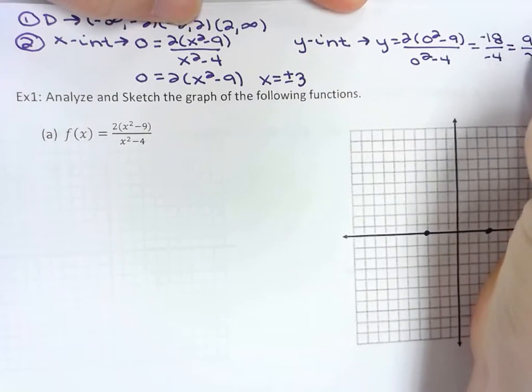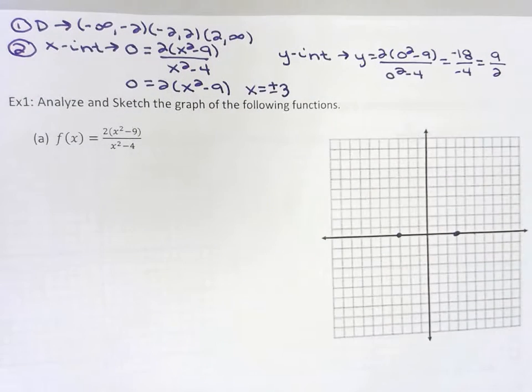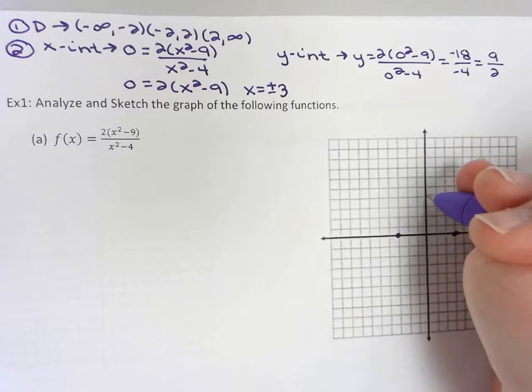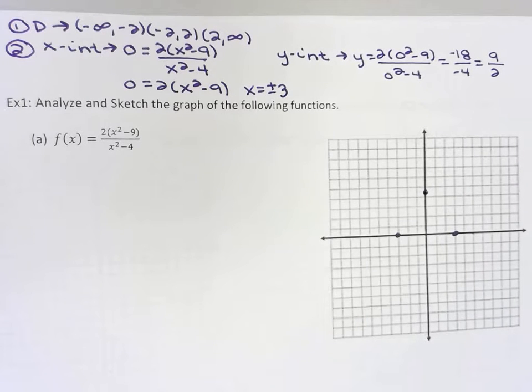So 9/2 is my y-intercept. So we'll graph that on your y-axis. 9/2 is really what? 4.5. So I like graphing it as we go, so you can double check it as we go. So that's step 1 and 2.